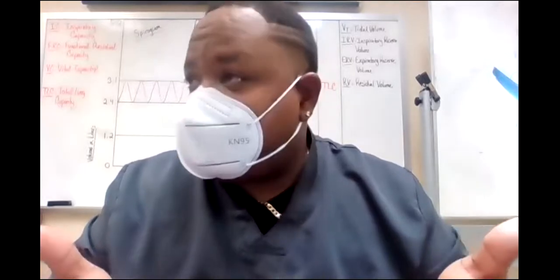Surfactant, because we said surfactant reduces the surface tension, right? And that allows those lungs to open up. Remember, we said some babies are born before their type 2 cells are fully mature. And the type 2 cells produce what? Surfactant.